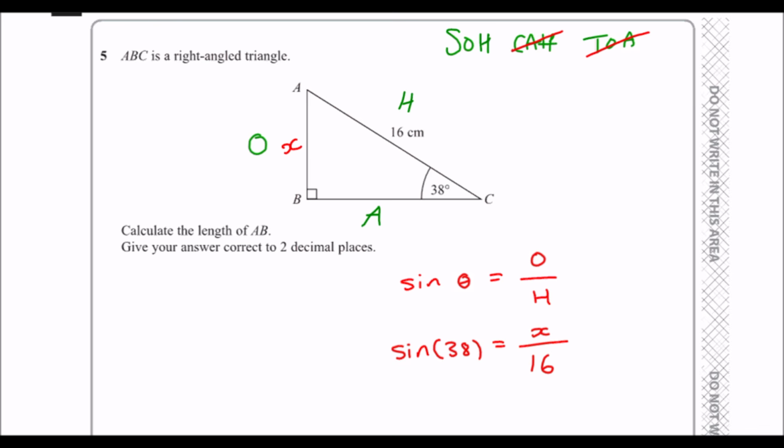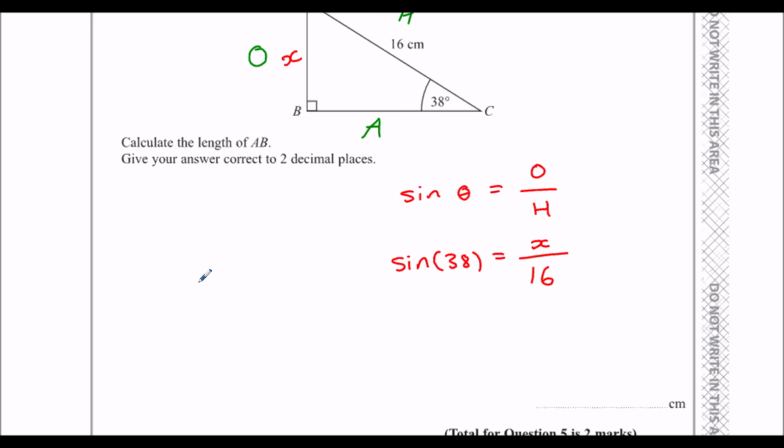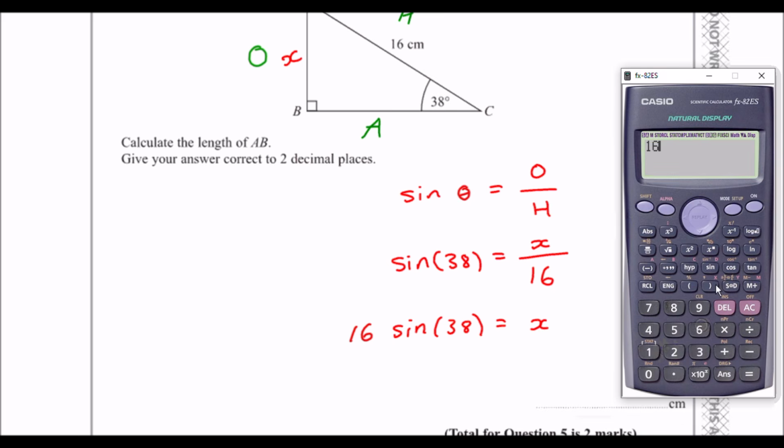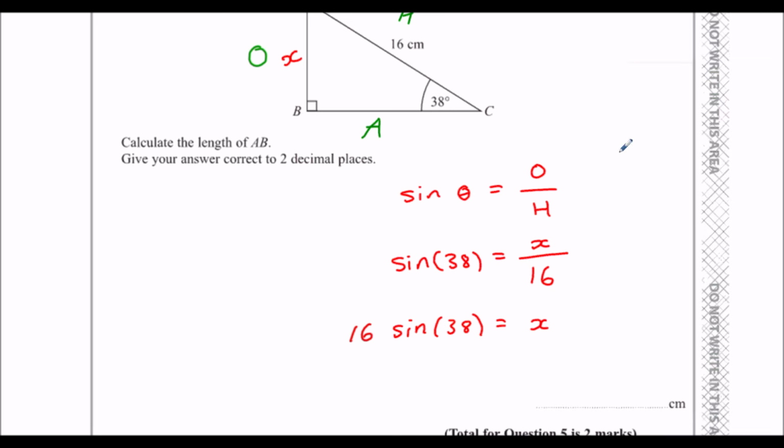We want to find X, and to get X by itself, we need to multiply both sides by 16. So 16 times sine 38 equals X. So let's type that in the calculator. 16 sine 38, and we get 9.85. We want 2 decimal places, 9.85.